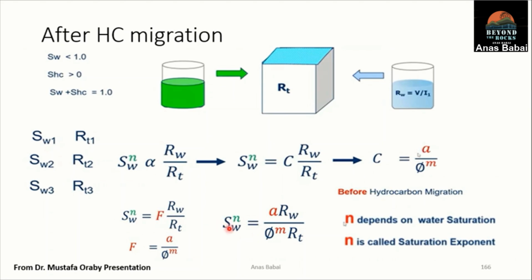That makes the equation SW to the power n equal a multiplied by RW divided by phi to the power m multiplied by RT. And n is dependent on water saturation, and you call it the saturation exponent.